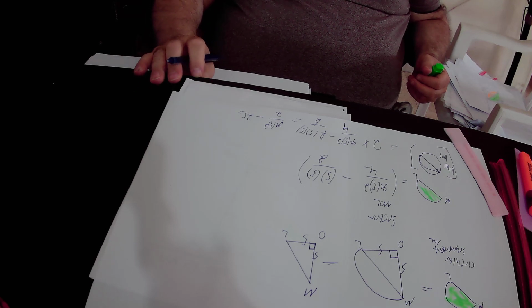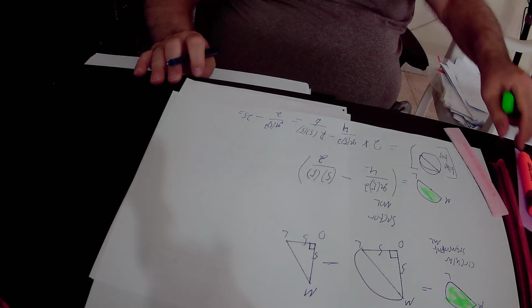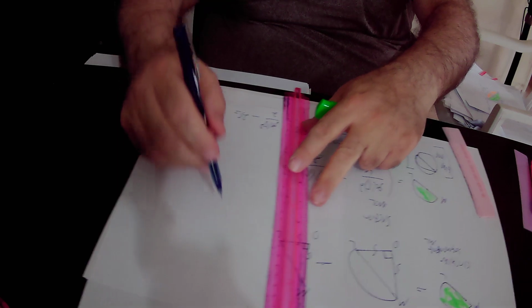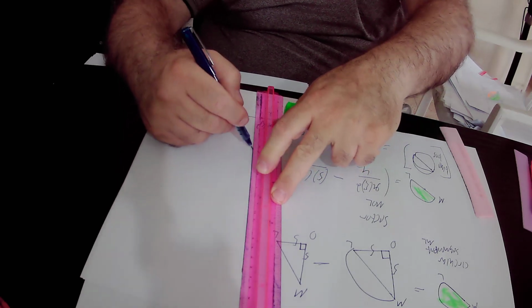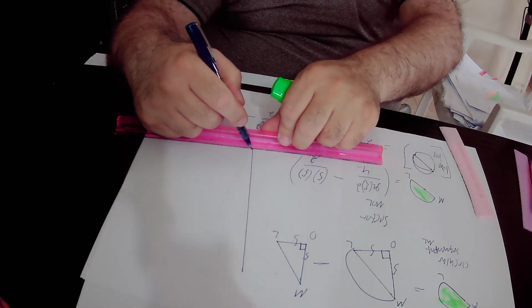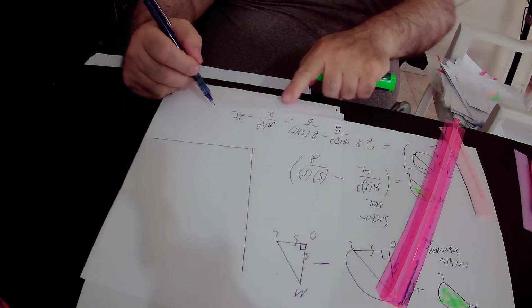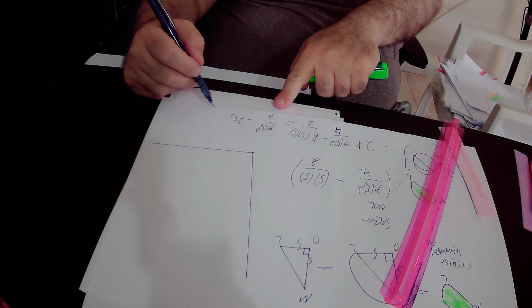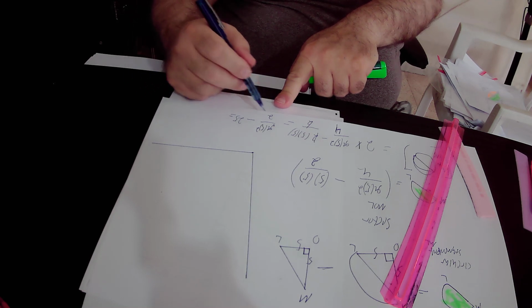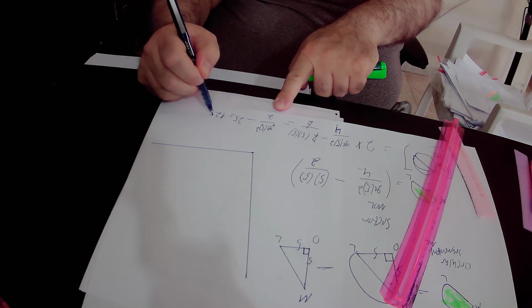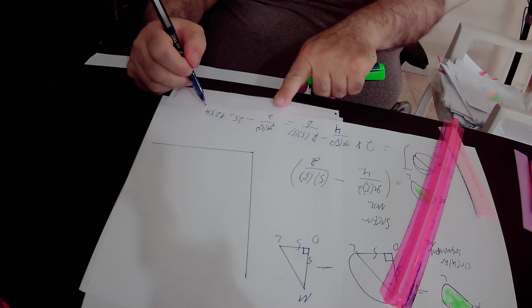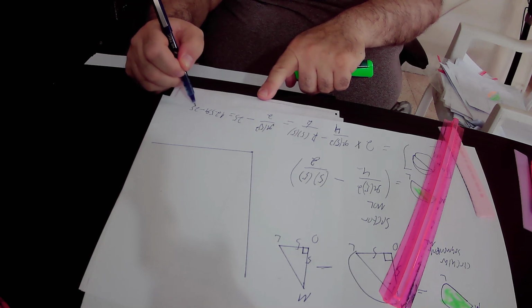So in conclusion, the area of the blue lens: here we have 5 squared is 25, 25 over 2 is 12.5. So in conclusion, this expression equals 12.5 pi minus 25.